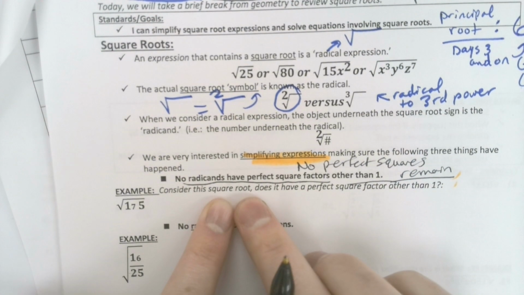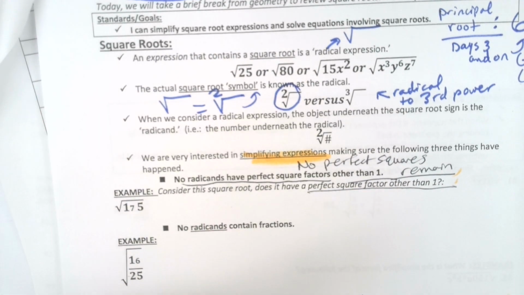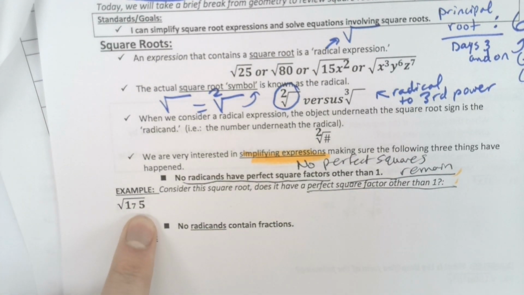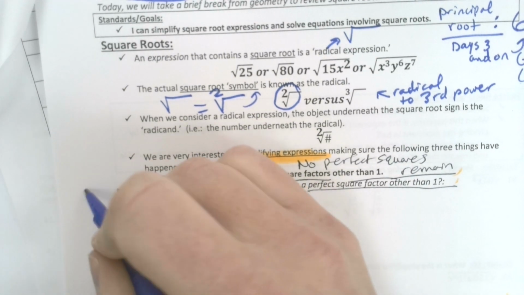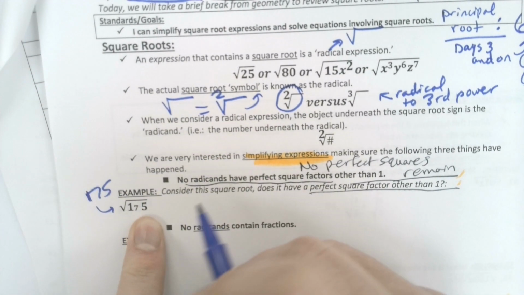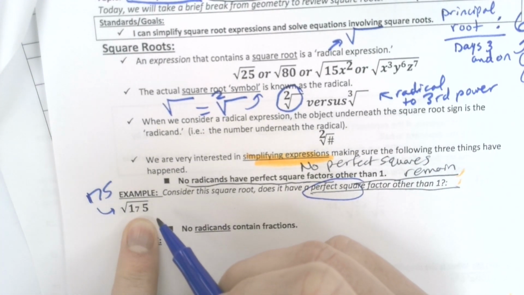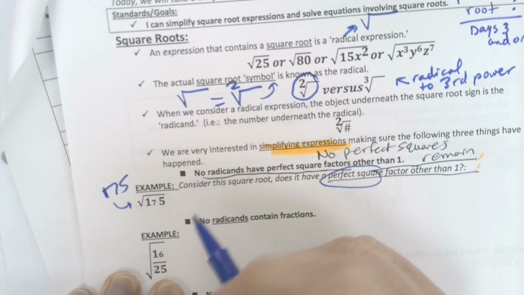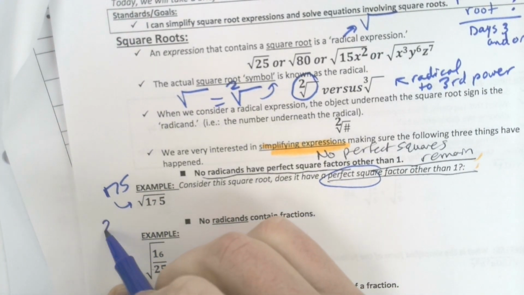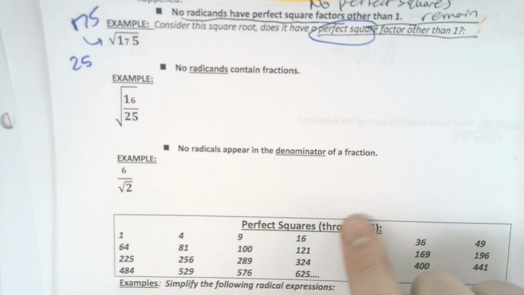So check it out. Consider this square root. Doesn't have a perfect square factor other than 1. Well, we've got one. I apologize, by the way, for writing this way. That is 175. Is there a perfect square inside of 175? Yes, there is. 25. If you don't know, check it out down here.